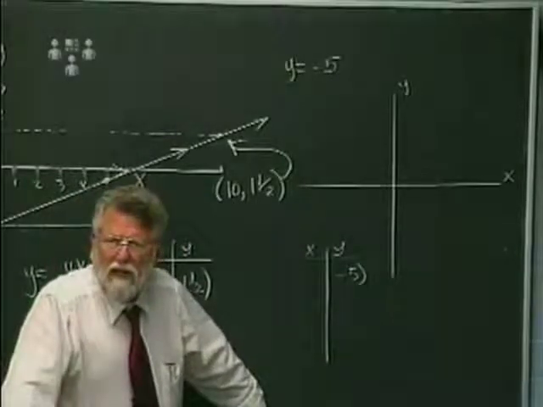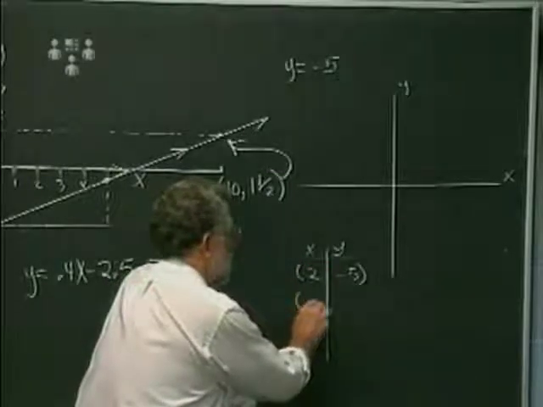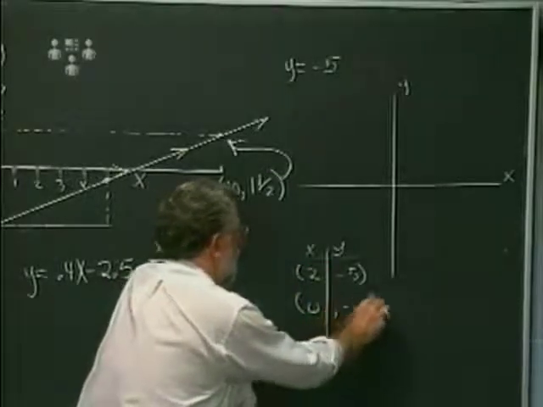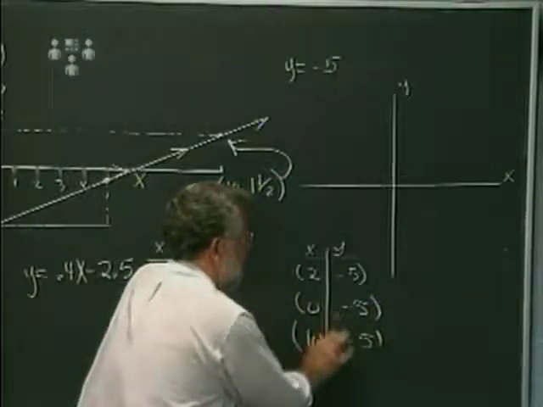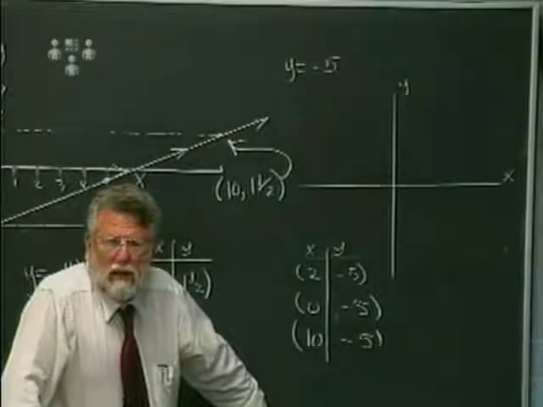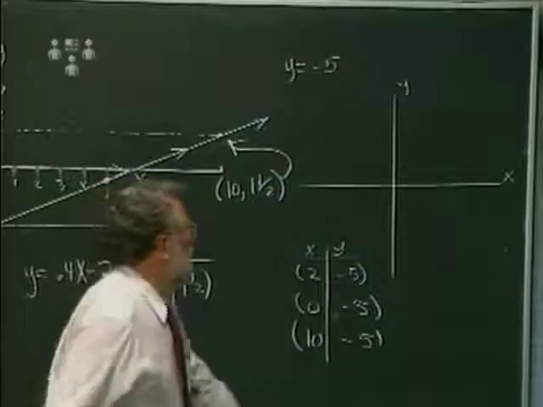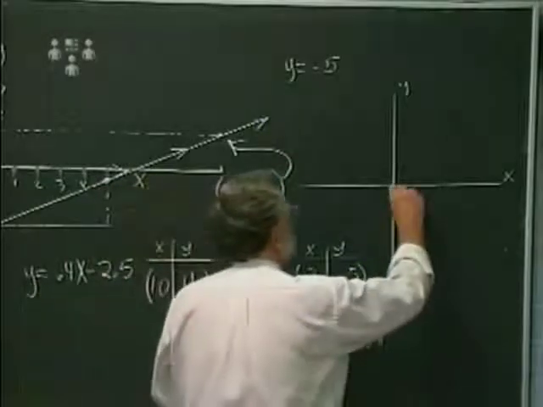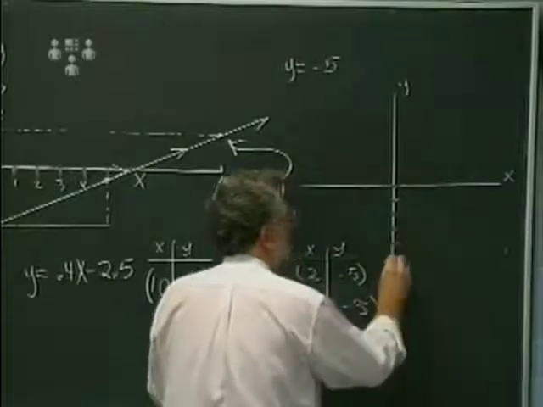but I'm saying y is always negative 5, so it doesn't matter if x is 2, or x is 0, or x is 10, y is always what? Negative 5. No matter what x is, y is negative 5. So all we do is come down to, there's 1, 2, 3, 4, 5.